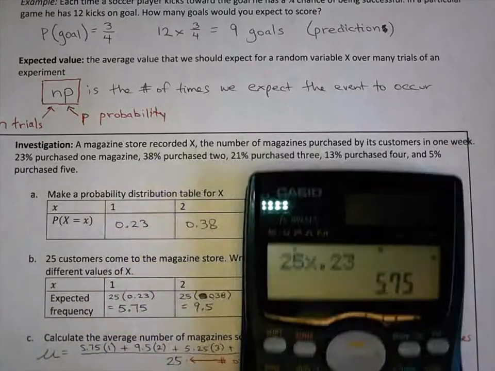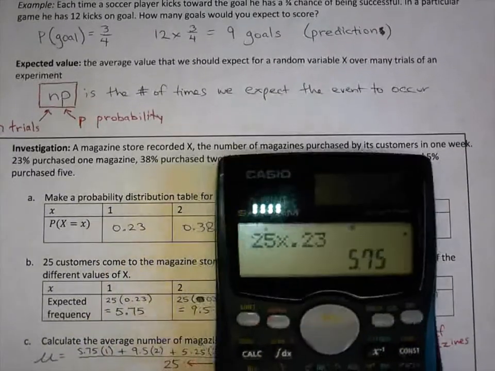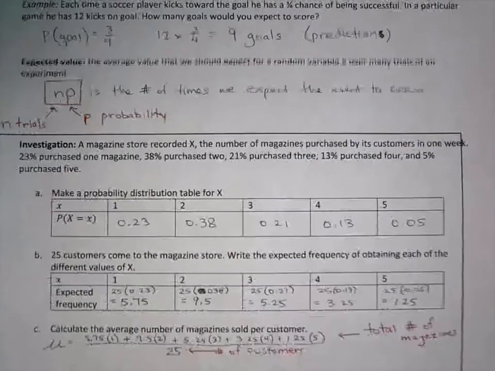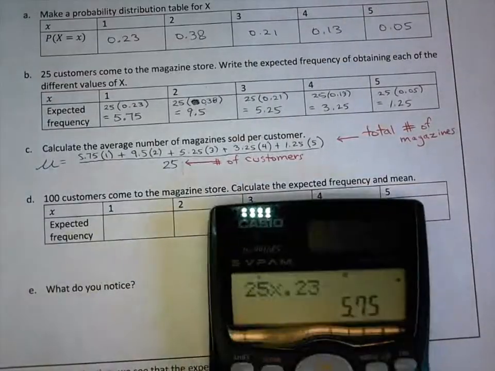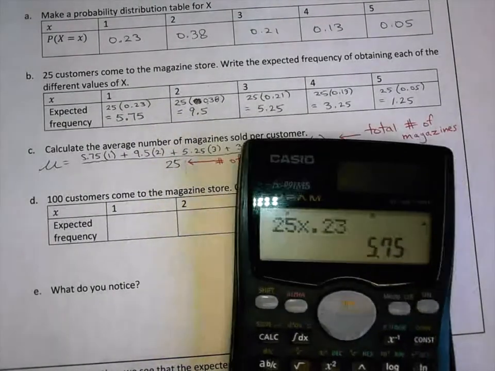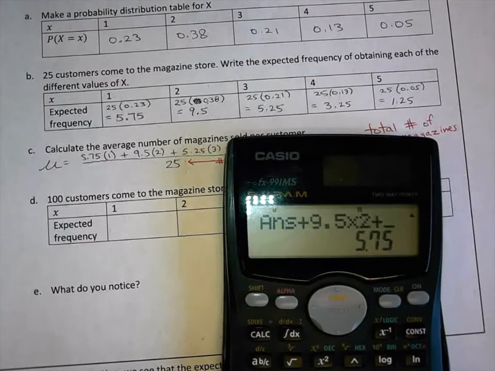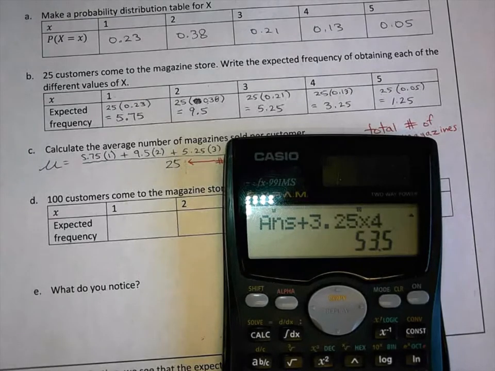Let me show my work this time. So I have 5.75 plus 9.5 times 2 plus 5.25 times 3 plus 3.25 times 4 plus 1.25 times 5.